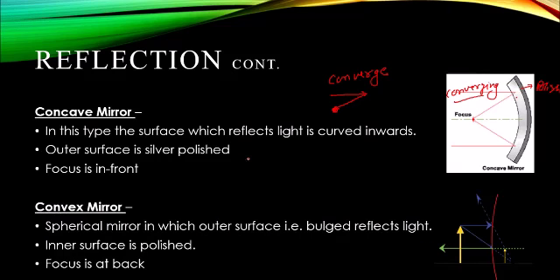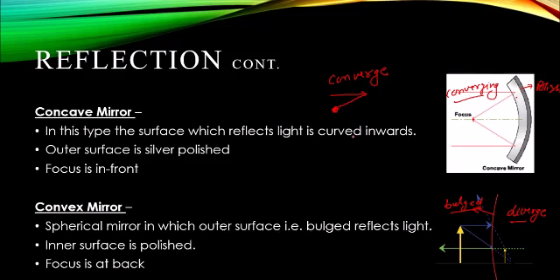Next is the convex mirror. It is a spherical mirror in which the outer surface, that is the bulge surface, will reflect the light. After coming from the object, the light will diverge. This is diverging. This is the difference between concave and convex mirror. In the concave mirror, the inner part is reflecting the light.